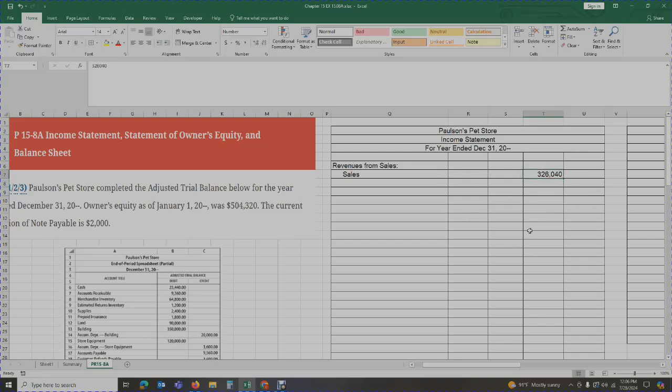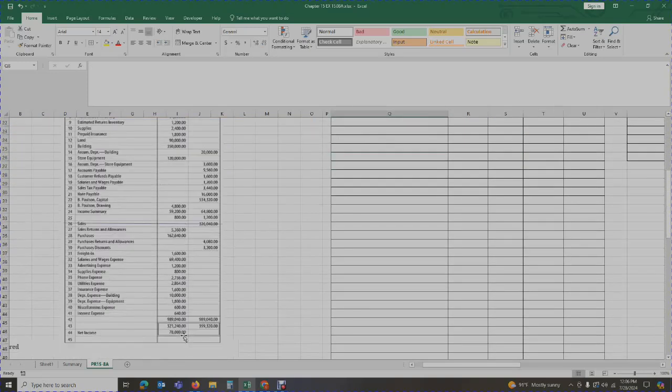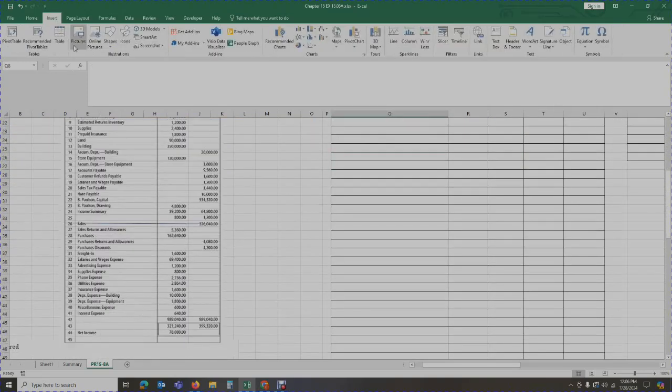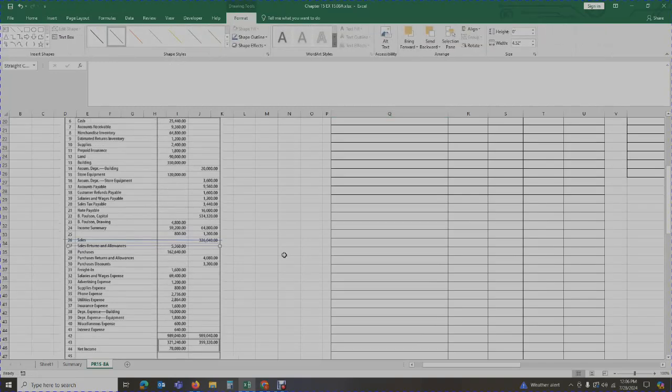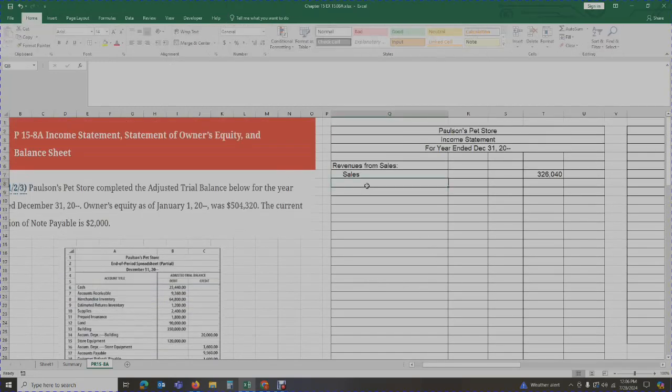Okay, so sales 326,040, and then if we look right below it we have some returns. Yes, we did make quite a bit of sales, but some of those items were returned. We had $5,360 in returns, so we're going to deduct less sales, returns, and allowances.